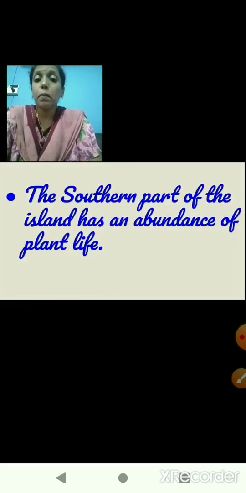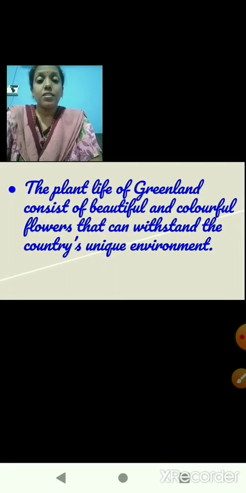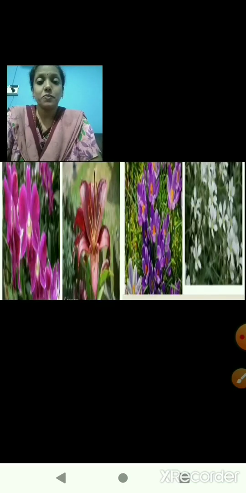The southern part of the island has an abundance of plant life. The plant life of Greenland consists of beautiful and colorful flowers that can withstand the country's unique environment.